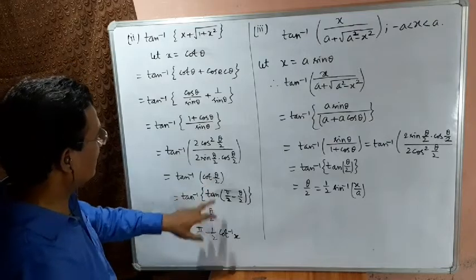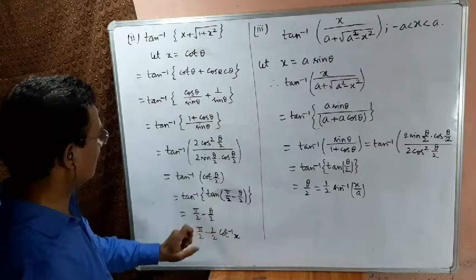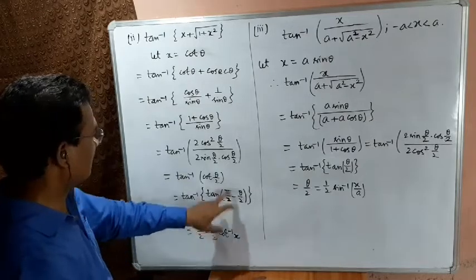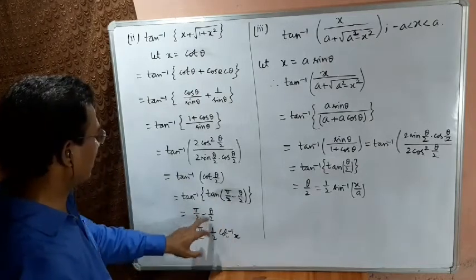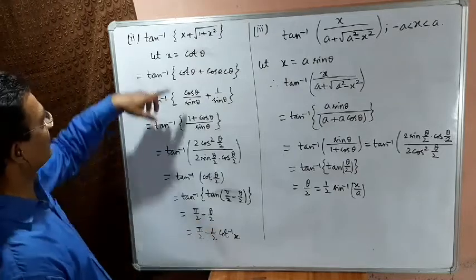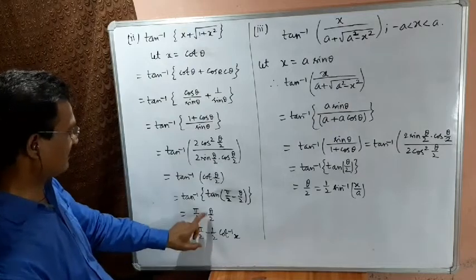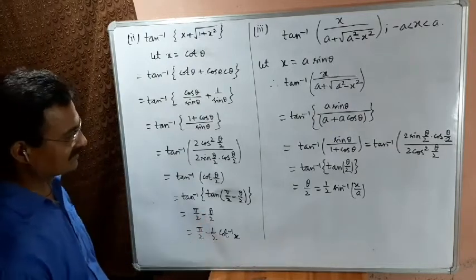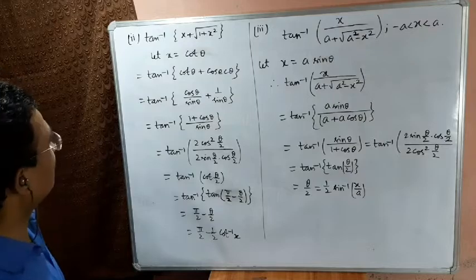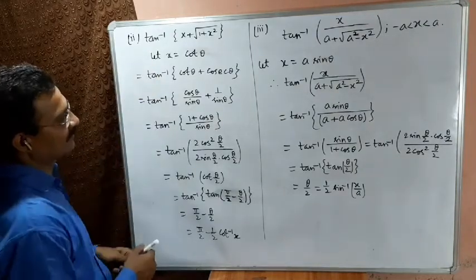Now cot theta by 2 can be written as tan of pi by 2 minus theta by 2, tan inverse tan of pi by 2 minus theta by 2, which is pi by 2 minus theta by 2, and finally we put the value of theta. What is the value of theta? Cot inverse x. It means pi by 2 minus 1 by 2 cot inverse x. So I was saying that if we would take x equals tan theta, what would happen?